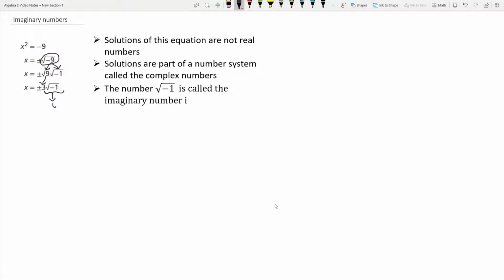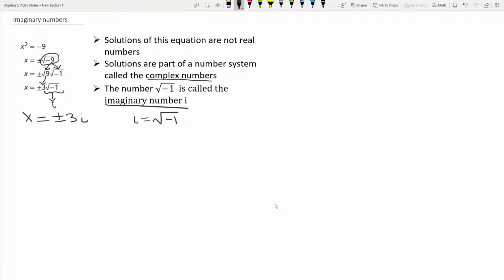This is the imaginary unit, or imaginary number i, and it is part of the complex numbers. The complex numbers include the real numbers, and complex numbers have imaginary numbers in them. These imaginary numbers are based off the square root of -1. So now we can rewrite this as x equals plus or minus 3i, where we replace the square root of -1 with i.